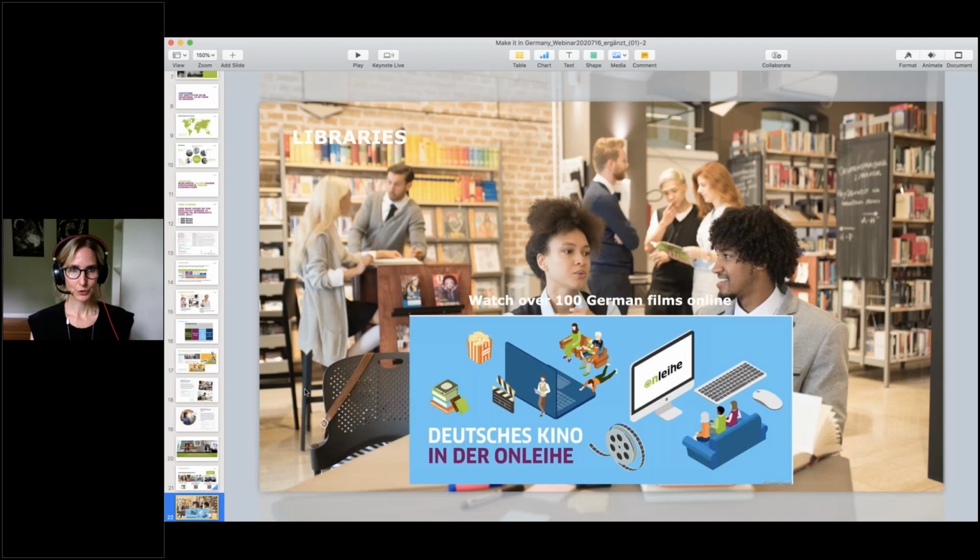And last but not least, before I hand over to Amel, I would like to talk about our online library. Most of the libraries at the Goethe-Institut are still closed, but that doesn't mean you cannot get German books and films. We have a free of charge online library, so you can just sign up with the Goethe-Institut and then access it and get, of course, books to learn German, but also German literature and German films.